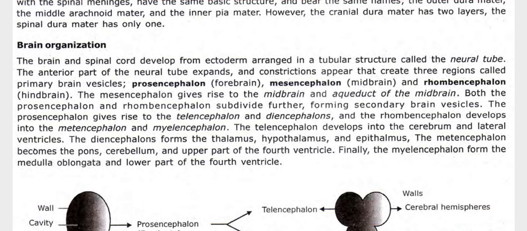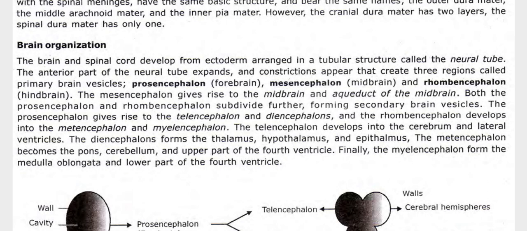Once again, I will be repeating the three parts: prosencephalon, mesencephalon, and rhombencephalon. Prosencephalon once again divides into telencephalon and diencephalon. The rhombencephalon divides into metencephalon and myelencephalon. Okay, so the telencephalon, which is produced with the help of the prosencephalon, remember that, develops into the cerebrum and lateral ventricles.